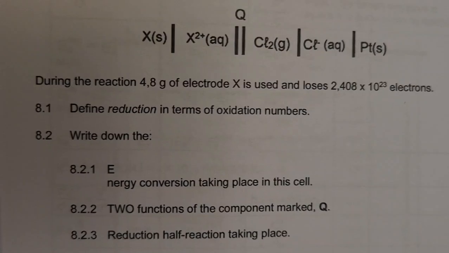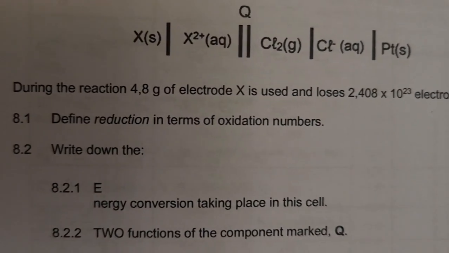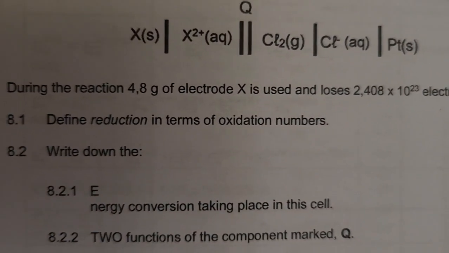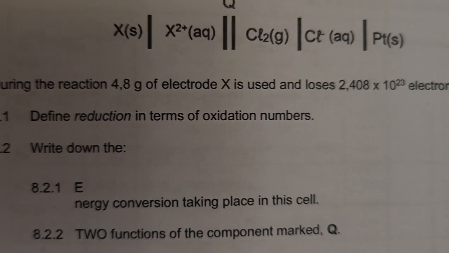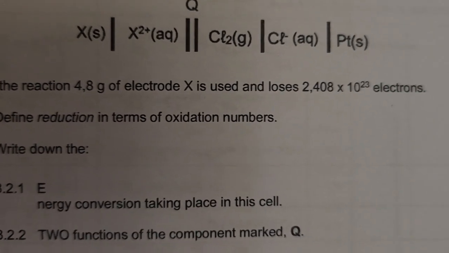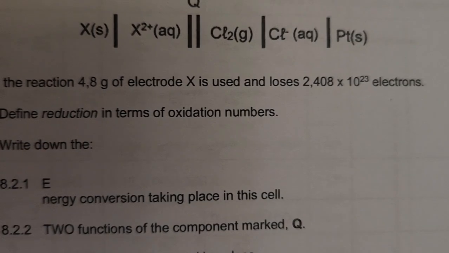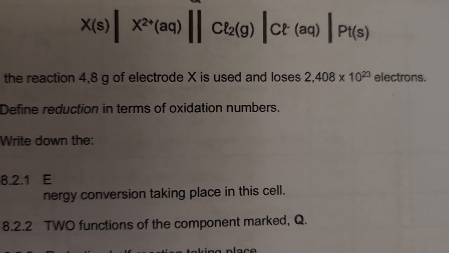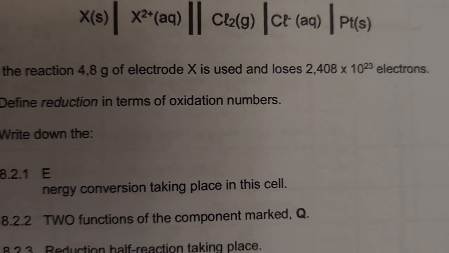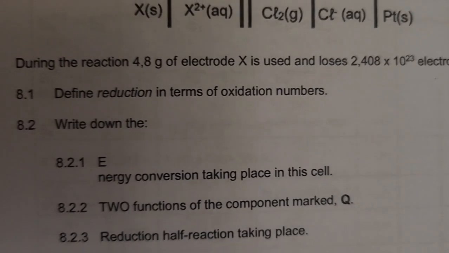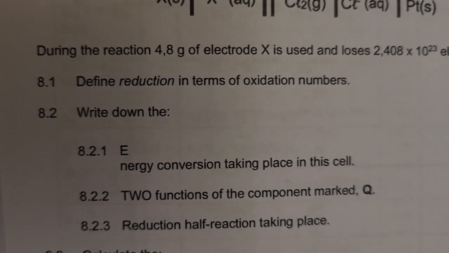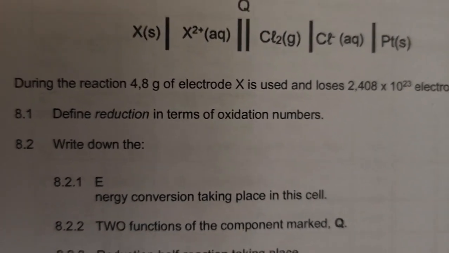Now during the reaction it was observed that 4.8 grams of electrode X is used to lose 2.408 by 10 to exponent 23 electrons. Remember that number of electrons will give us the number of moles of electrons. Fine. Define reduction in terms of oxidation numbers.